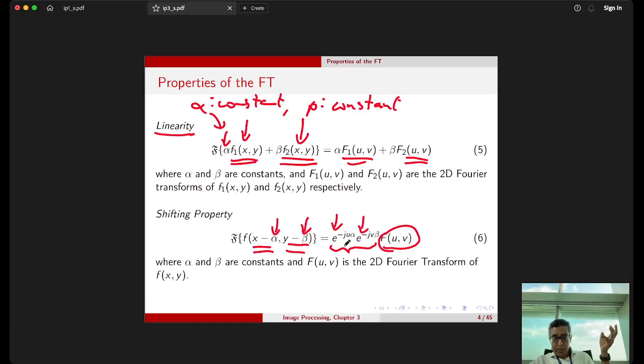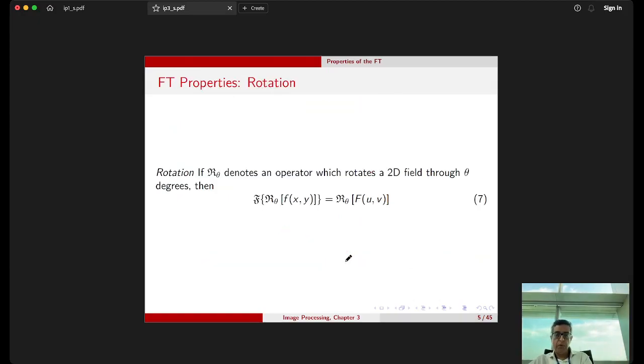So the only thing that this does is change the phase of the result, which means, and we'll look at this later on, that we weight the basis functions with the same amount but shift them in a slightly different way. That will become clearer when we get on to discrete image transforms.